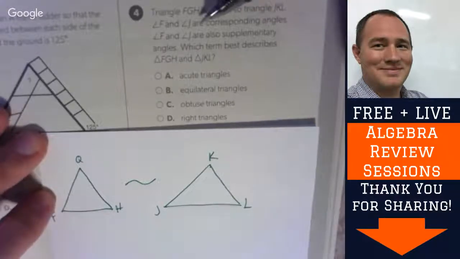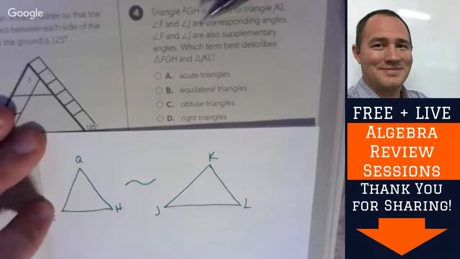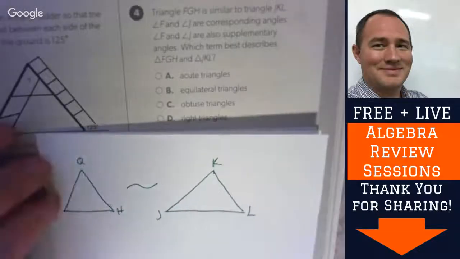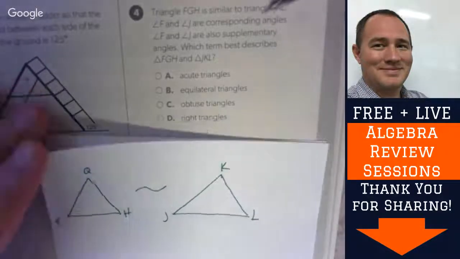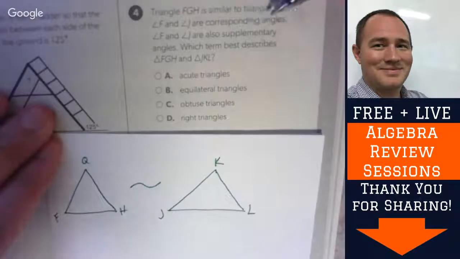if we know that they are similar to each other, so it's saying that they are similar. So that means that if F and J are corresponding angles, and they're also supplementary.